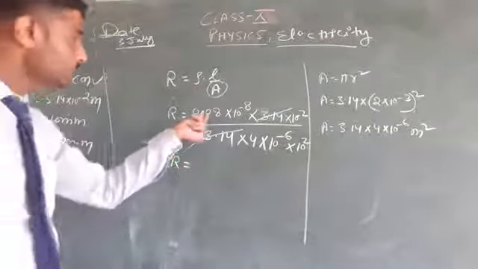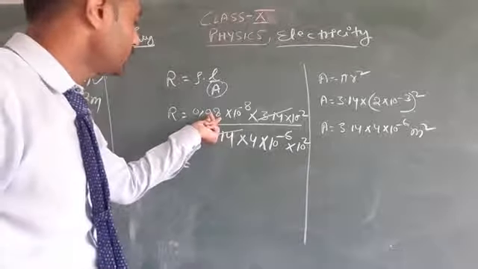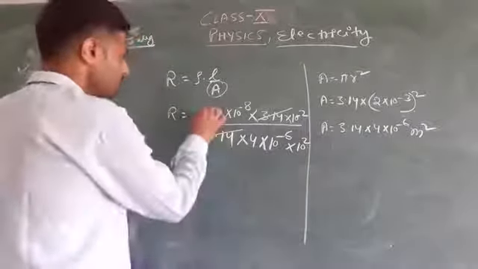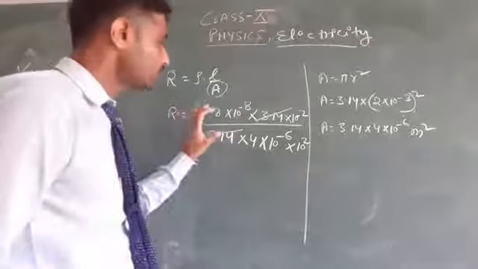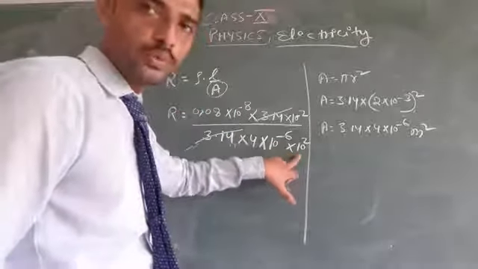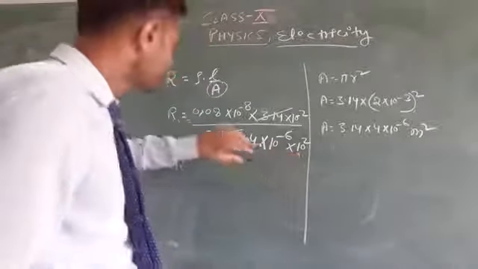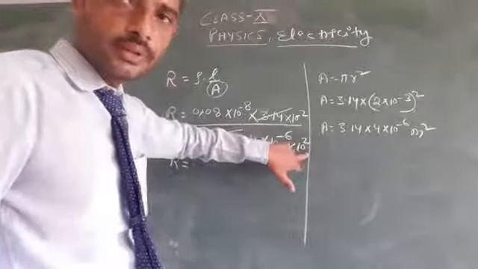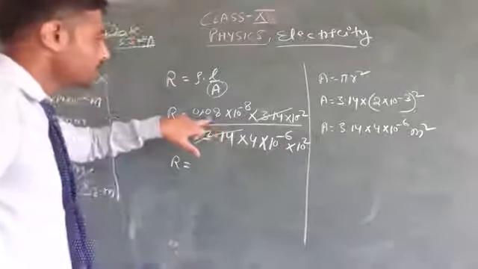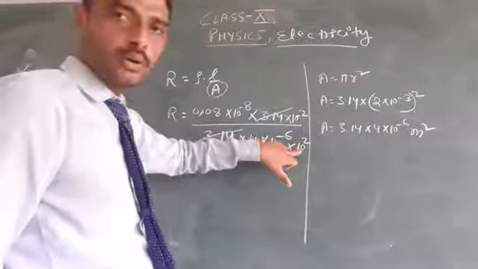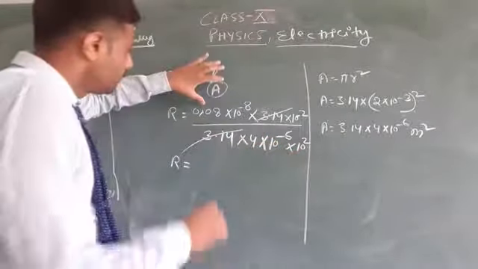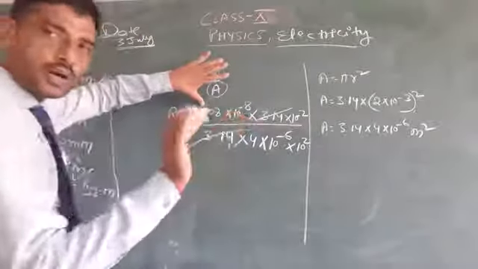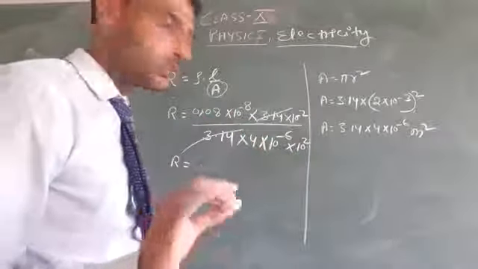There are 2 numbers after the point, so you can write 10 to the power 2. Clear? If there are 3 numbers, you can write 10 to the power 3. If there are 4, you can write 10 to the power 4. So when you remove the point, for 100 you can write 10 to the power 2.